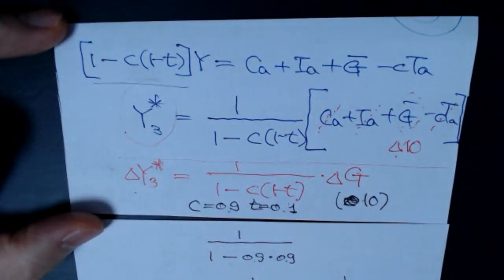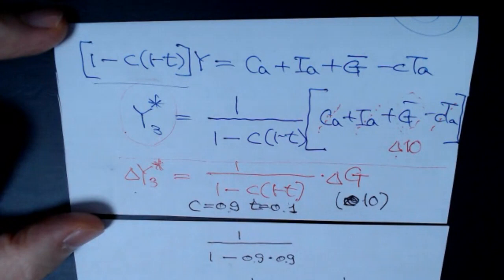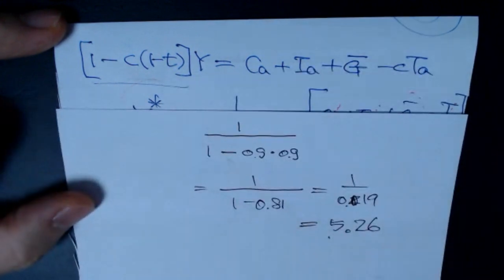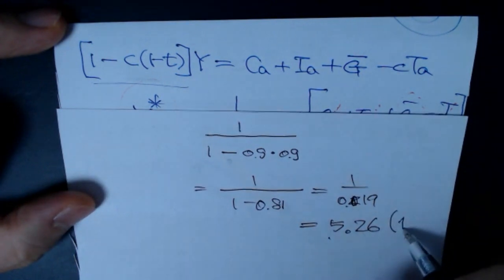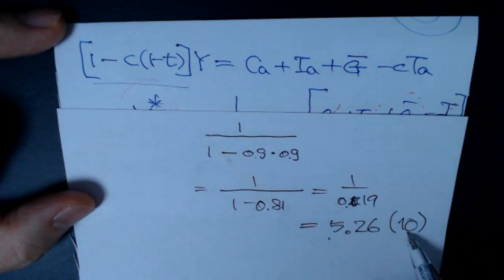So how much should it be? 1 over 0.19, which is 5.26. So 5 times greater impact. Oh, sorry, you didn't see this, right? So we have 10 here. What does this 10 mean? Changes in government spending.